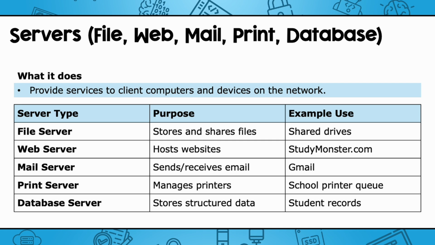Print servers for managing printers, so all of the print jobs are sent to a print server, which would then manage them and ensure that they're sent to the correct printer, printed out or held there until the employee releases them on the printer. Database servers store structured data like student information, company employee records, different things like that.